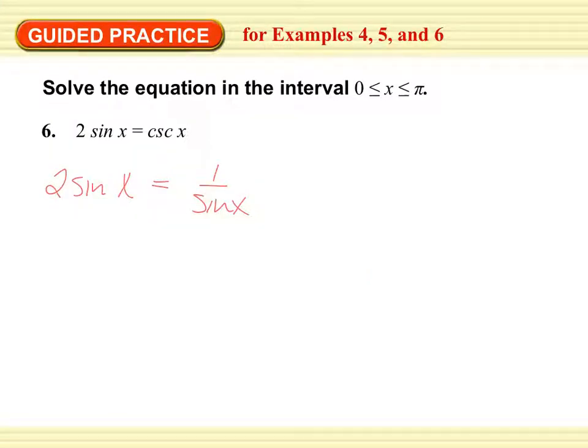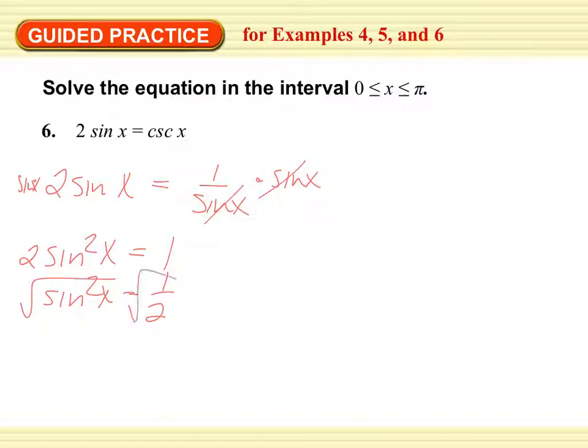Alright, we're solving on an interval. I just changed cosecant x to 1 over sine. I'm going to multiply both sides by sine x. That gives me 2 sine squared x equals 1. Sine squared x equals 1/2. Square root both sides. Sine x equals plus or minus 1 over the square root of 2.